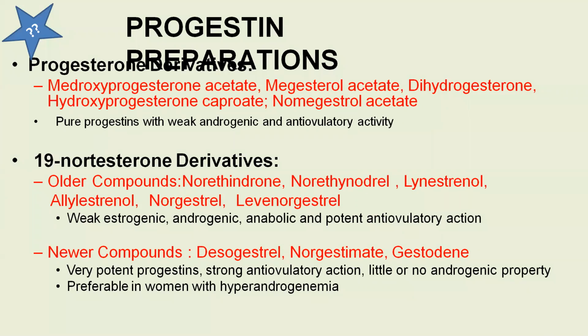Newer compounds are desogestrel, norgestimate and gestodene. The difference is they have little or no androgenic property, still retaining the strong anti-ovulatory action. So they are preferable in women with hyperandrogenemia.